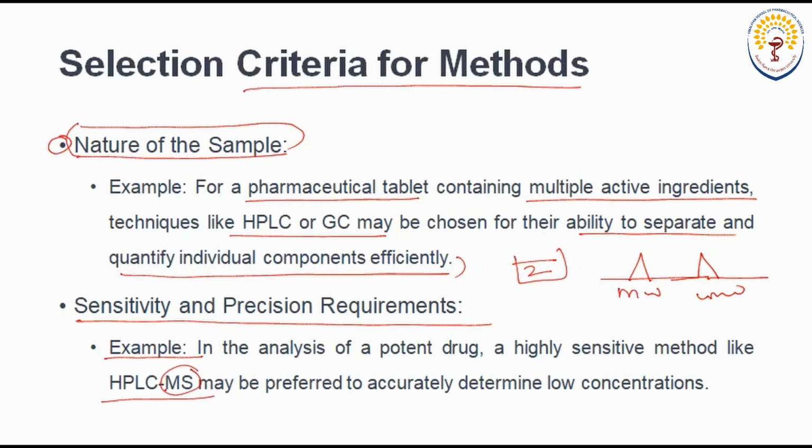These two methods will do the job for us. HPLC will separate the sample and also quantify the amount of the components present in the sample, and mass spectrometry will tell us the molecular weight of each component and help us to identify them as well.